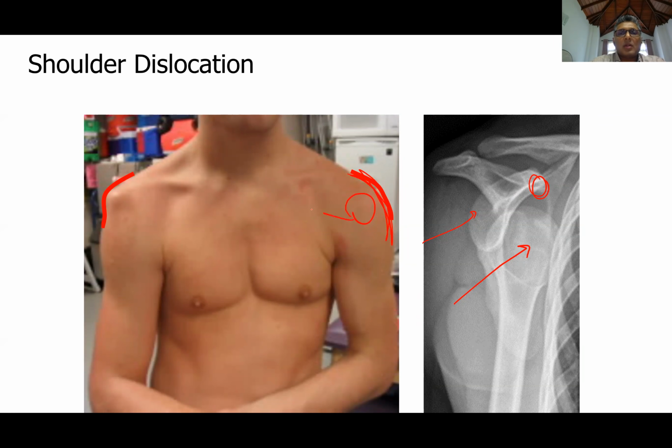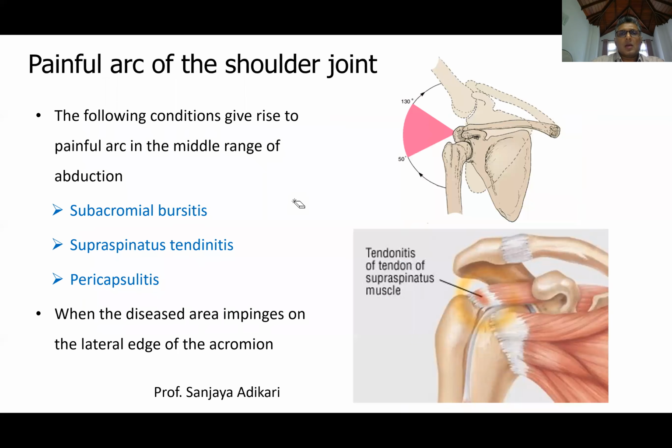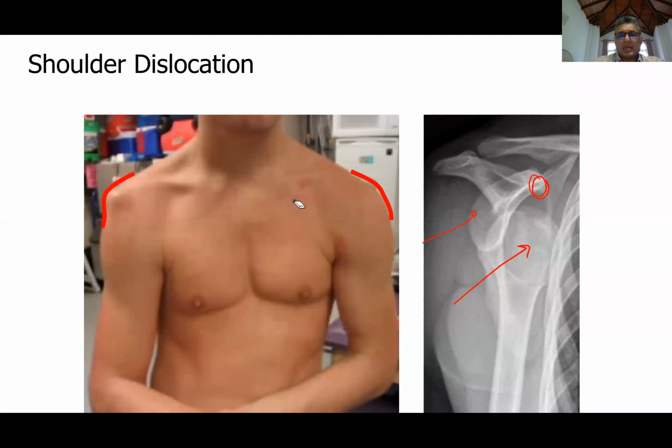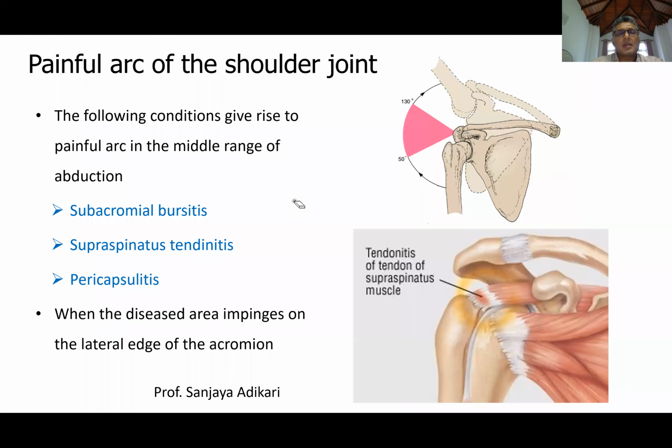Now the head is not there anymore, so you get the rounded contour lost on the affected side. What happens with the axillary nerve, we will have a chance to discuss later, with the surgical neck fractures.